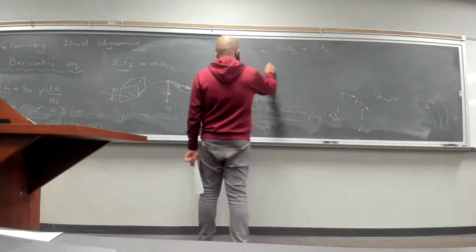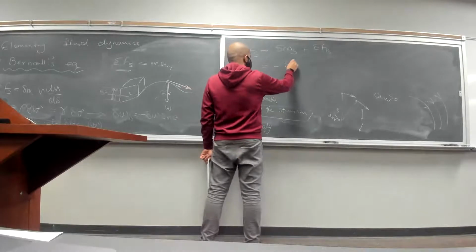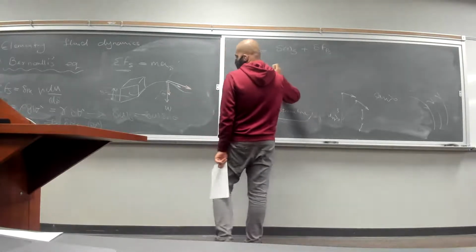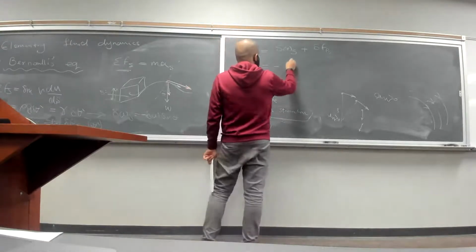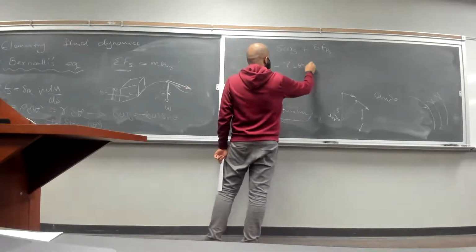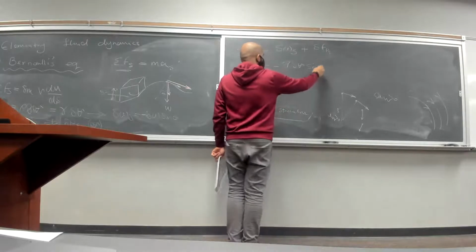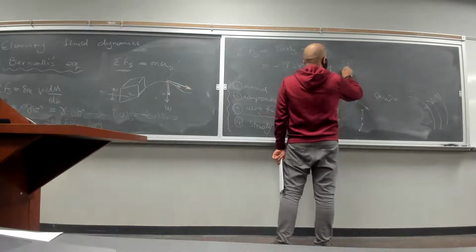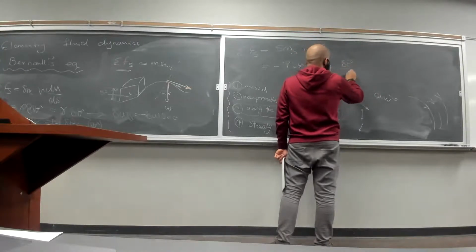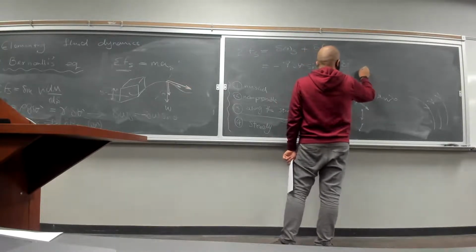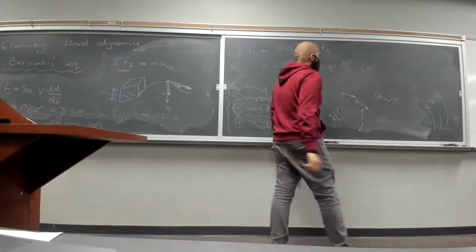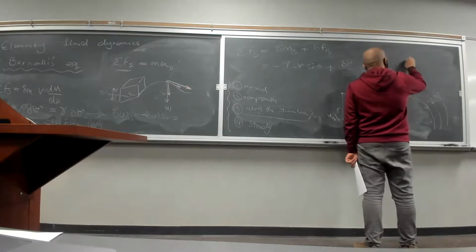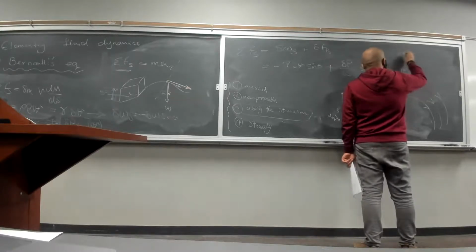So plugging in whatever we have, we get negative delta W, or negative gamma delta V sine of theta, plus partial P over partial s, or delta P over delta S, multiplied by delta V, which is equal to m, which is rho multiplied by your delta volume.